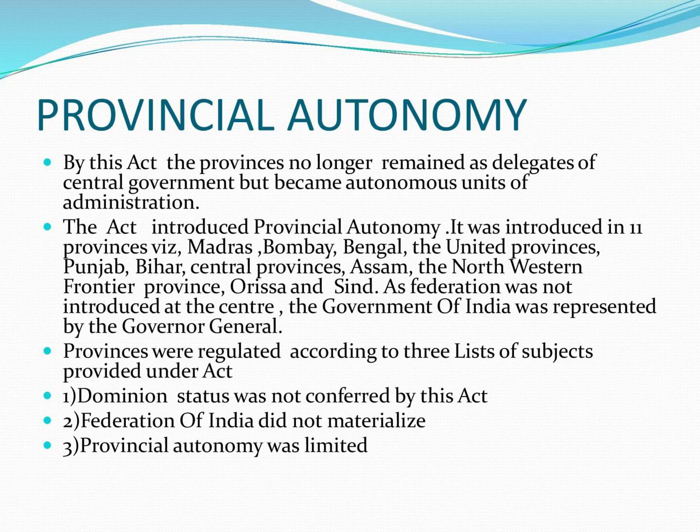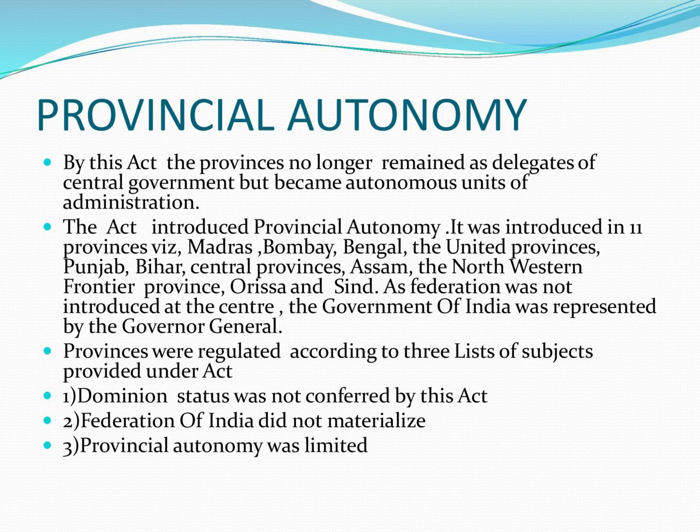These provinces were administered by ministers. The difference between the reserved and the transferred subjects was removed. All subjects were placed under the charge of ministers, because reserved subjects and transferred subjects, we already came to know that reserved subjects were kept under the control of the Governor General, while the remaining transferred subjects were controlled by the Indian people. So that was removed by this concept.